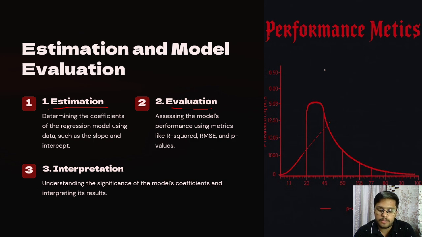Hyperparameter tuning is the process of adjusting model settings like learning rate, number of layers, etc. to improve performance. Performance monitoring means regularly tracking model performance using metrics like accuracy, precision, recall, or F1 score to detect issues and ensure it remains effective.